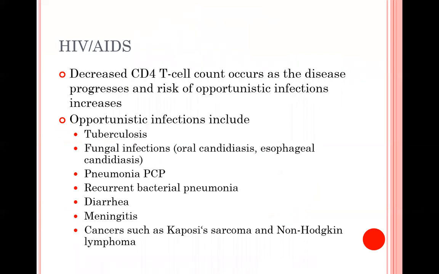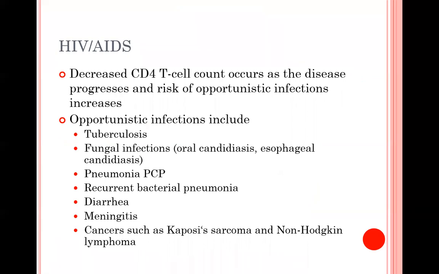An individual's CD4 T cell count will decrease as the disease progresses because HIV is hijacking those CD4 cells. So decreased CD4 cell count occurs as the disease progresses, and the risk of opportunistic infection is going to increase.